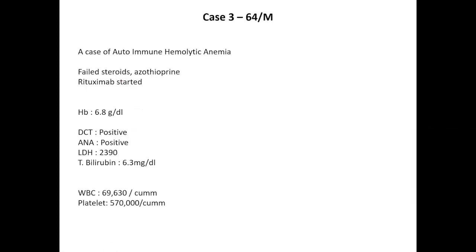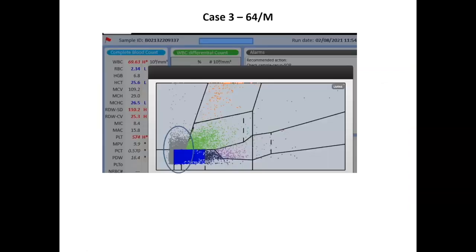A case of autoimmune hemolytic anemia, failed steroids, rituximab was started. His hemoglobin was 6.8, DCT positive. The WBC count was 69,630 on counter, and the platelet count was 5,70,000. My counter shows me a huge population in this extremely left area, and I know this left area is for nucleated RBC. So whenever you have this, you need to count the nucleated RBC per 100 cells.